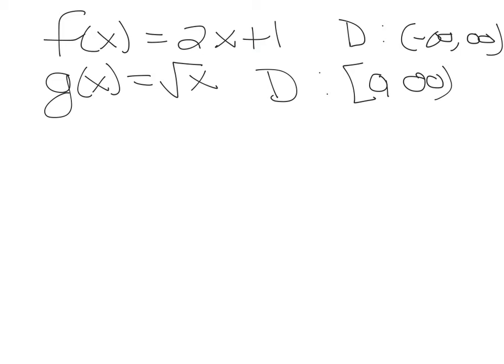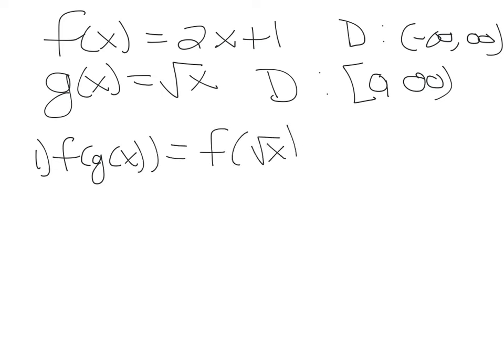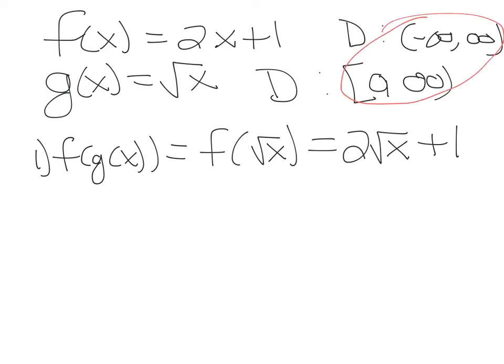So number 1 says compute f of g and find its domain. So number 1, f of g of x equals f of the square root of x equals 2 square root of x plus 1. If you think about where the domains overlap, it's only from 0 to infinity.